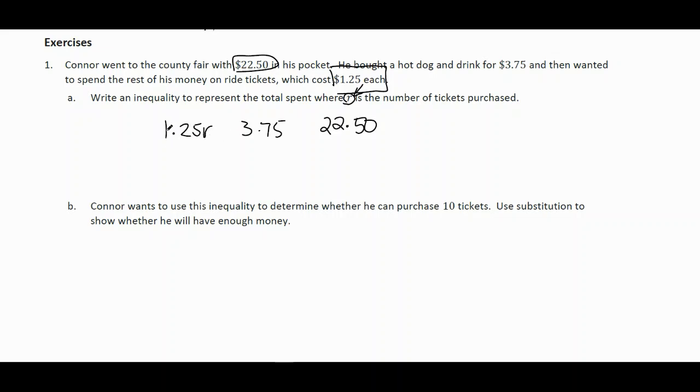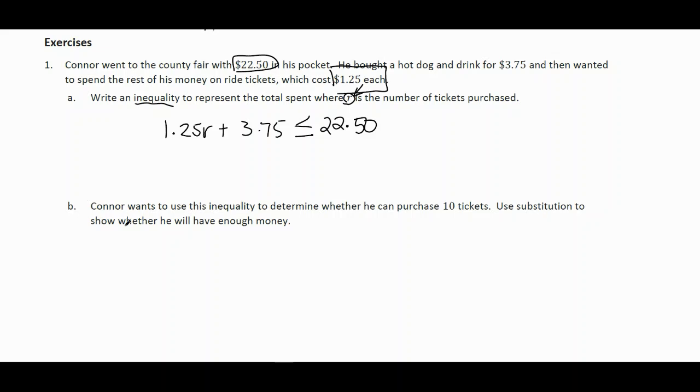So it means each ride plus the hot dog and the drink should be equal to 22.50, but it says inequality. Because we cannot exceed this particular amount, it should be less than or equal to 22.50. It should be the maximum. All right. So this is our inequality.